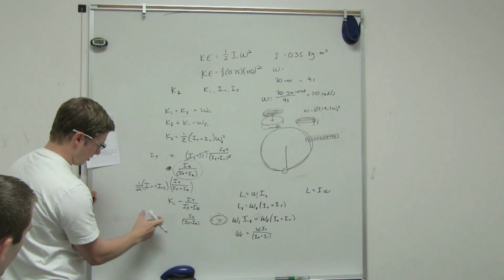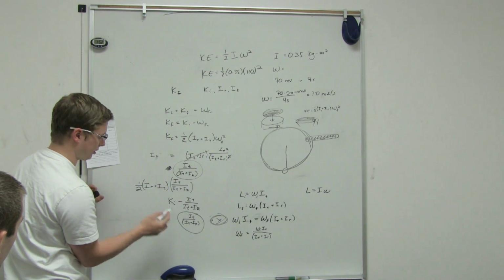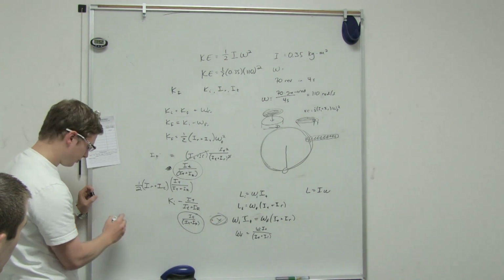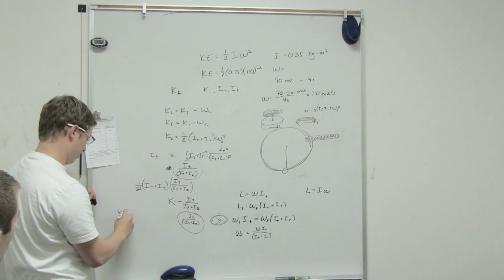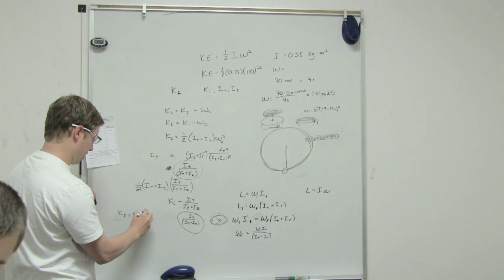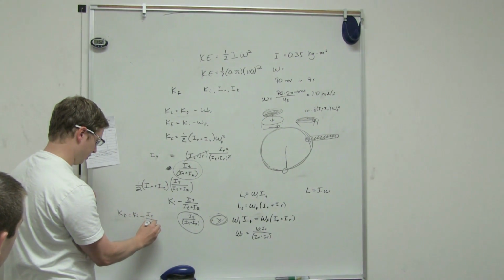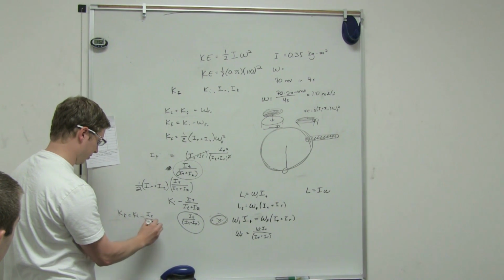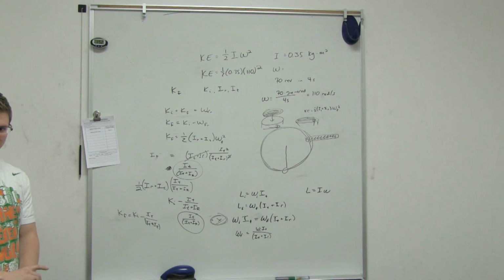So this is the difference between kinetic energy final and kinetic energy initial. If that's true, then looking at this equation, our final should be our initial subtracted from that. I don't know if that's right, that's just my hunch.